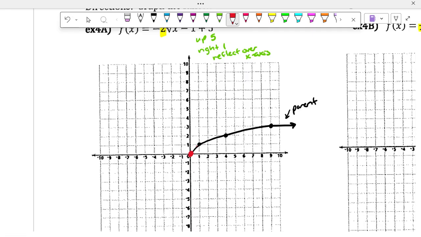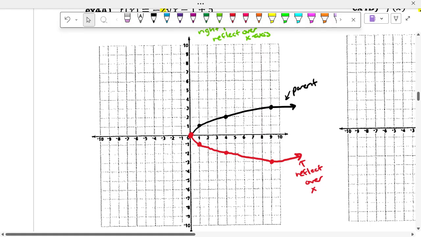Where would the 1, 1 point be now? 1, -1. So we just count how many away from the x-axis it is, go the same distance on the other side. So this would be after I reflect over x axis.